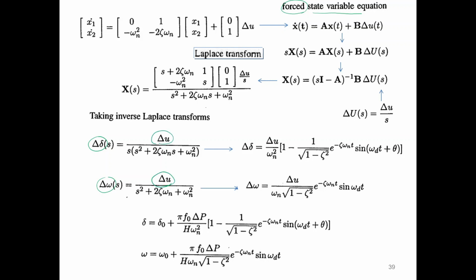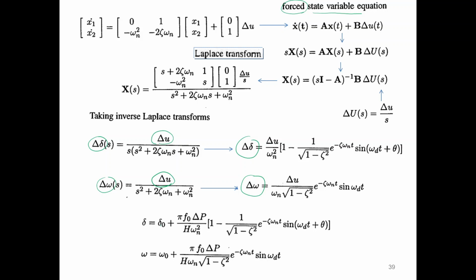So we introduce the change in the power, and it would change the rotor angle and the rotor speed. Once you have this, you take the inverse Laplace, so you have the time domain expression of the change in delta delta and delta omega due to the change in delta U in this case.